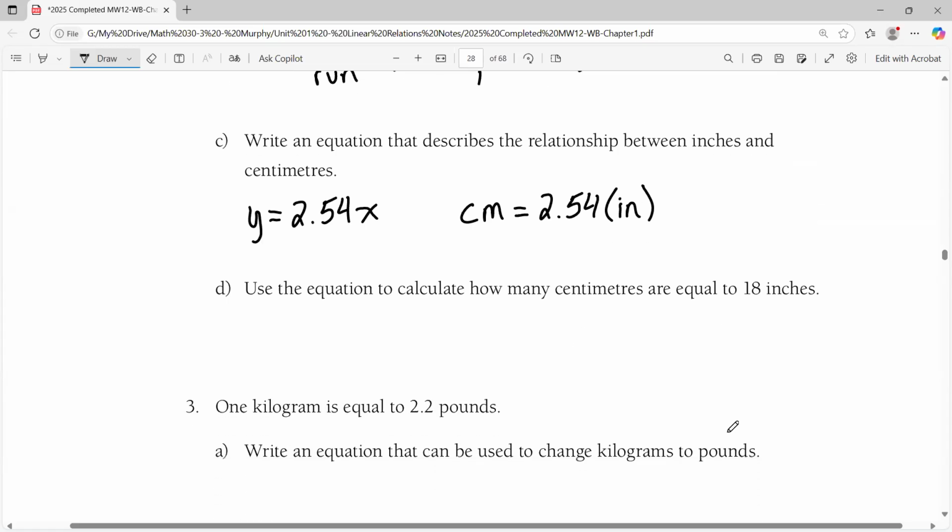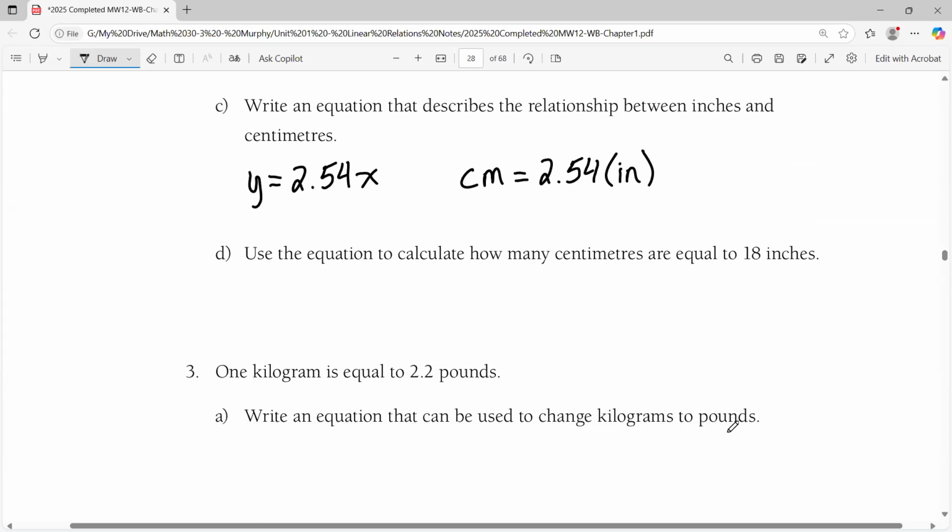So in D, use the equation to calculate how many centimeters are equal to 18 inches. You're going to go centimeters equals 2.54 times 18.